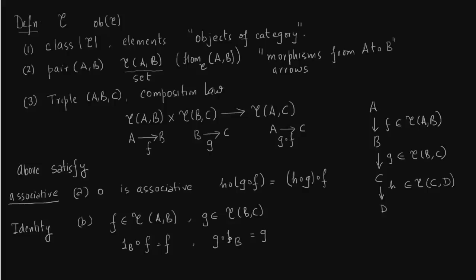So diagrammatically this is how it will look. So you have 1_B here, so you will also get F like this, and similarly for G.